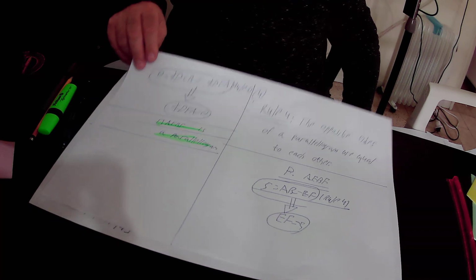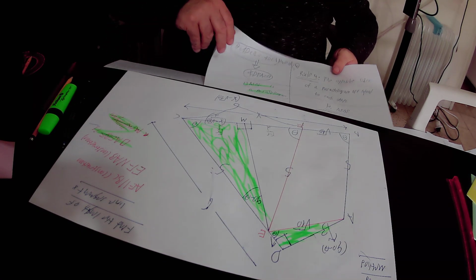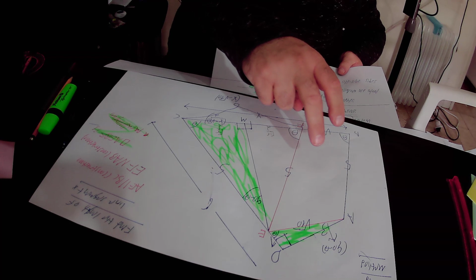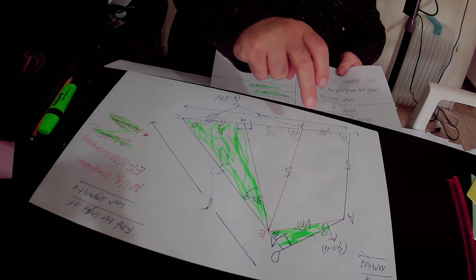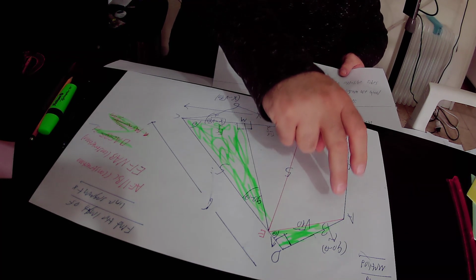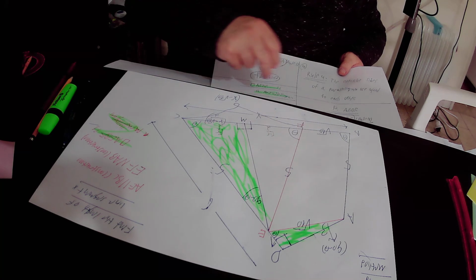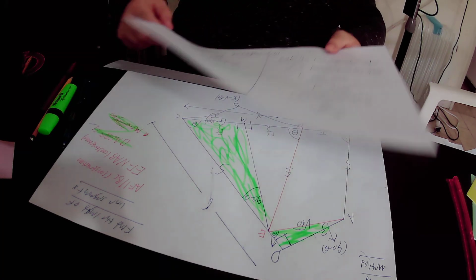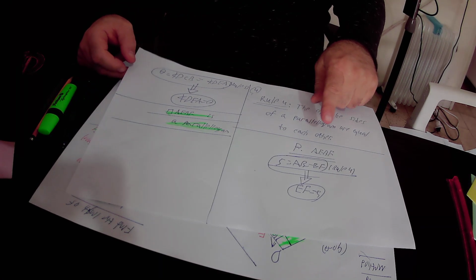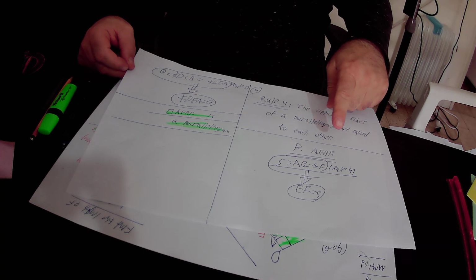Here, the opposite sides of parallelogram AEBF are equal to each other. That is to say, AB equals EF, and AE equals BF.